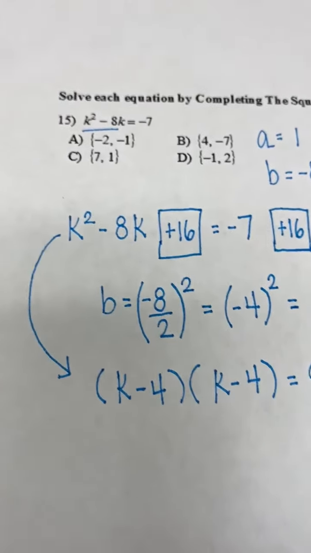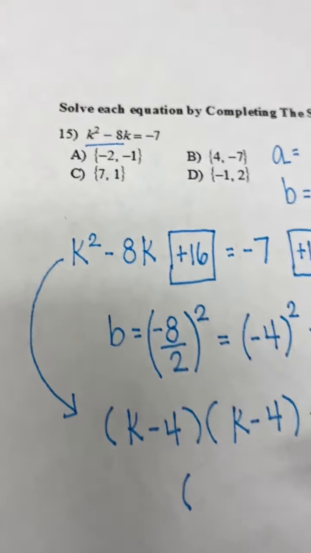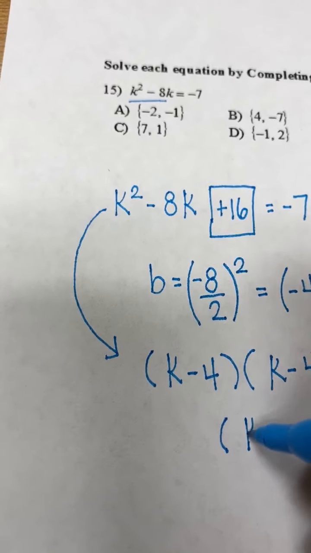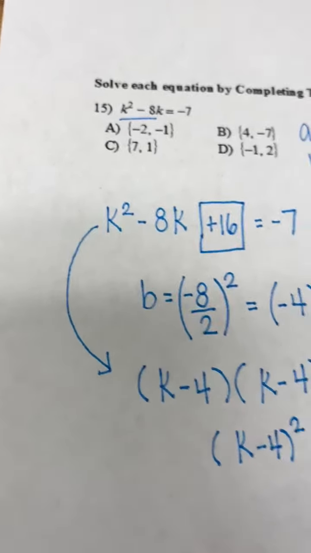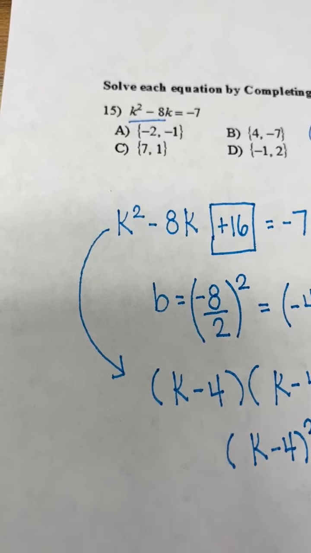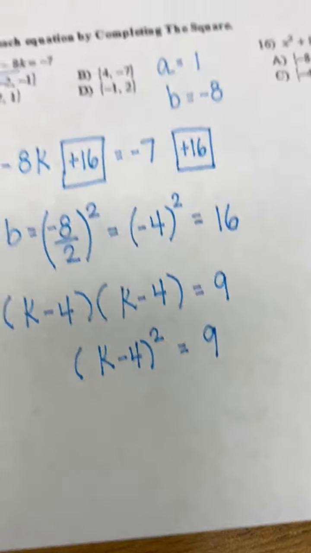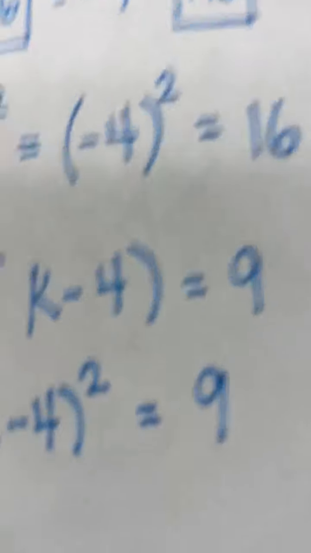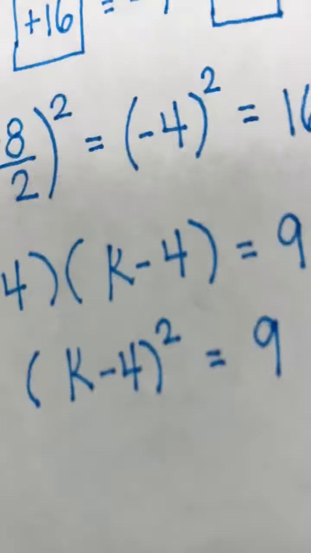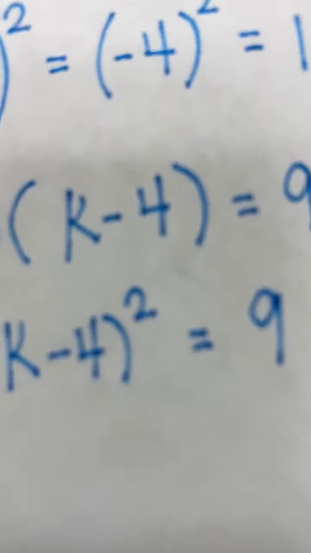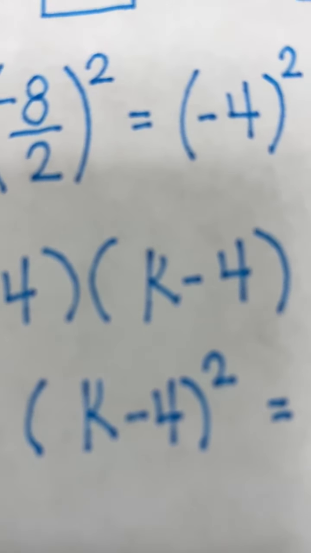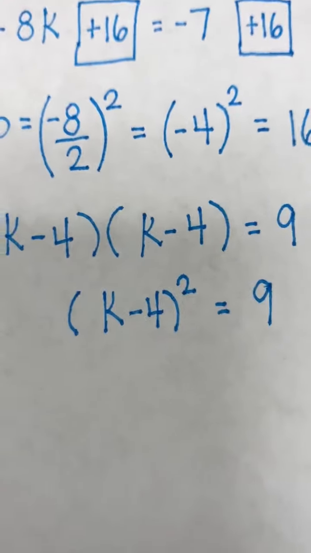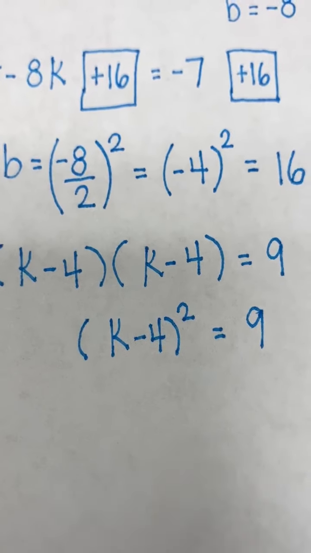Then I'm going to combine my two products, which is k minus 4 squared equals 9. But I want to isolate the variable k. Because of that exponent of 2, I have to do the inverse. Since it's a square, the inverse of a square is a square root.